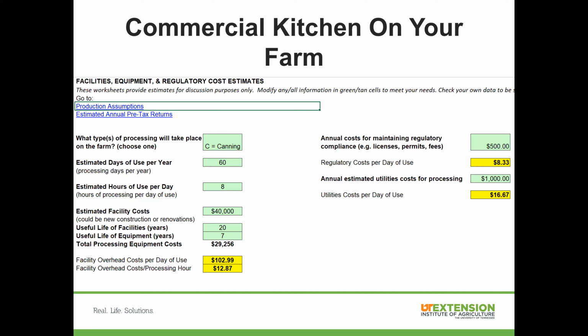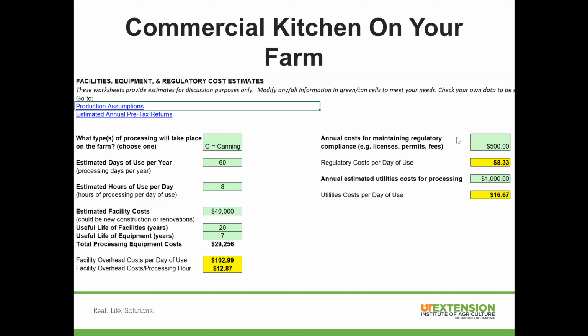We divided the cost into those 60 days of use. And then if we divide that $103 by 8 hours in a day, that would give us an hourly cost of the overhead of $12.87.